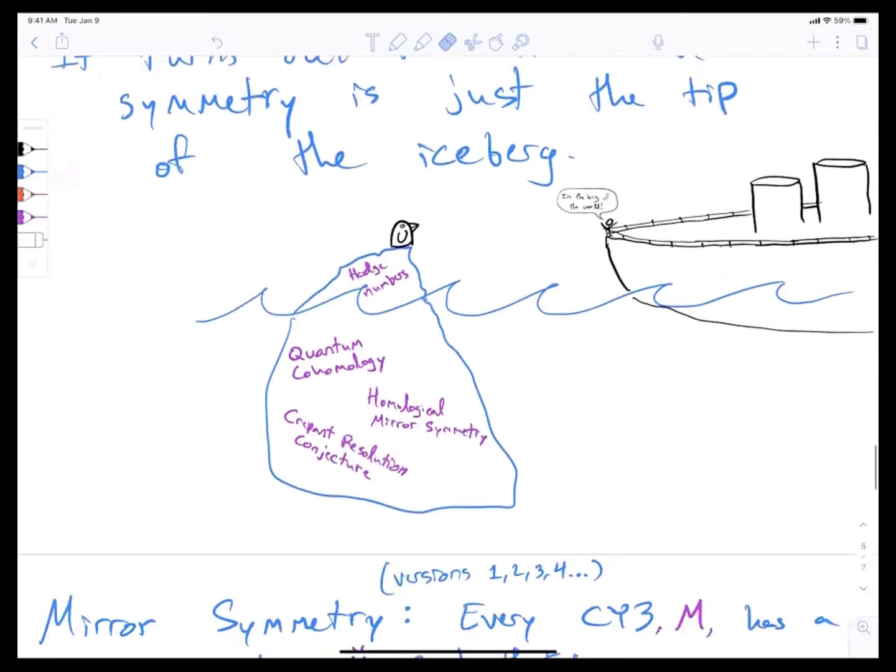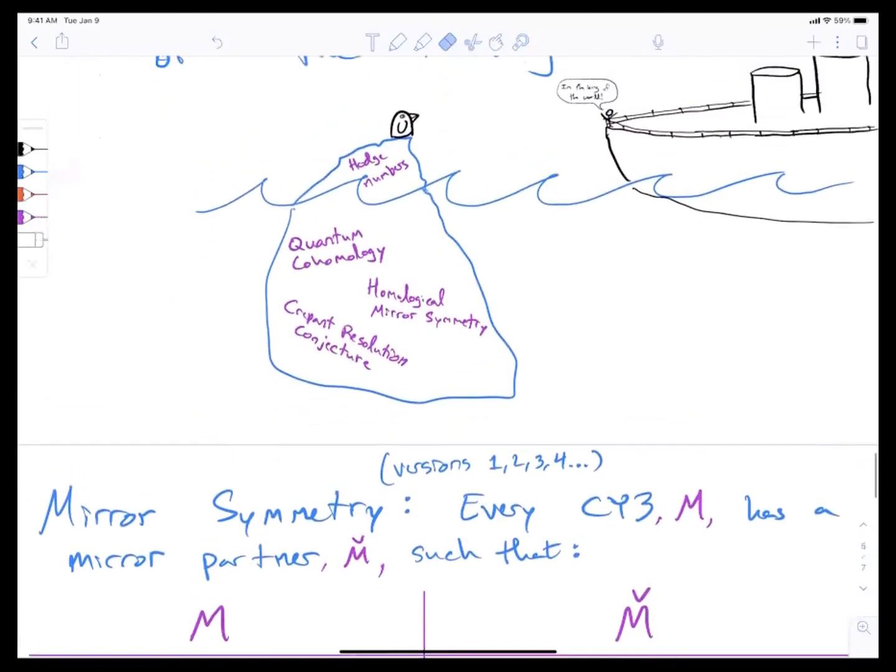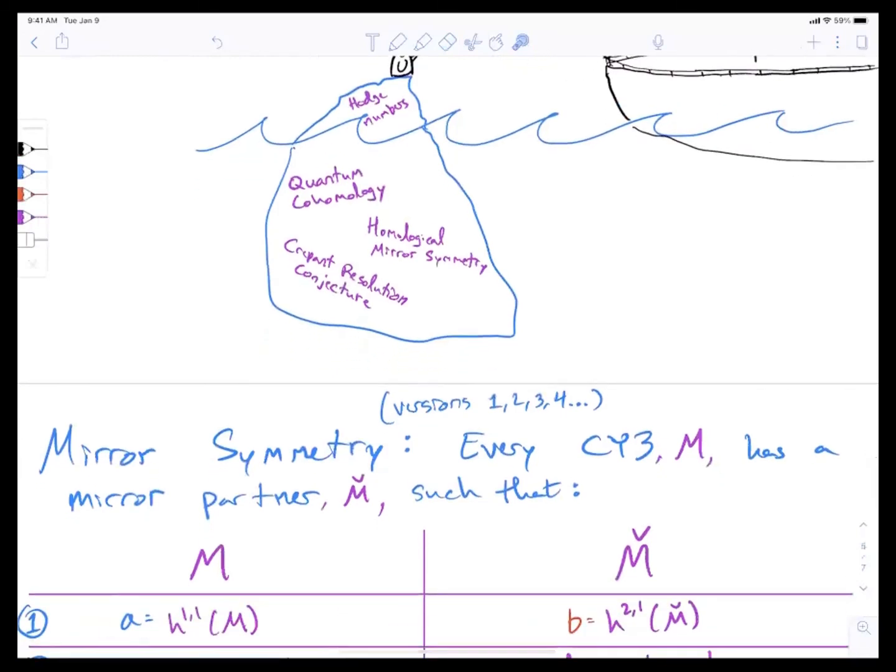And so there's refined versions of the mirror symmetry conjecture, which again is based on this fundamental idea that for any one of these candidates for our universe, this M, if you look at its invariants, there's some other space, M check, that has the same invariants up to some switching. And so, for instance, the number of two-dimensional holes of M is related to the number of three-dimensional holes of M check, and vice versa. So the A over here equals the B over here.